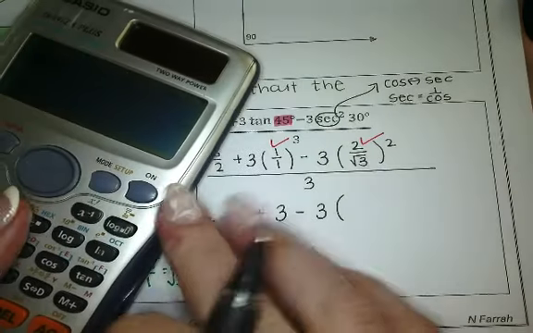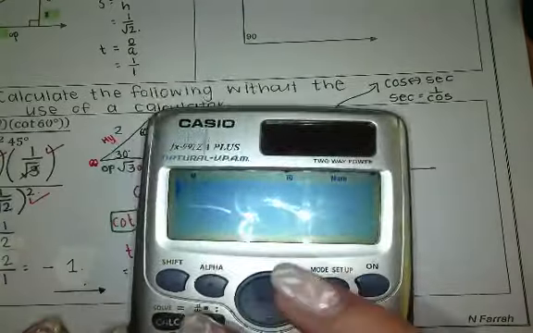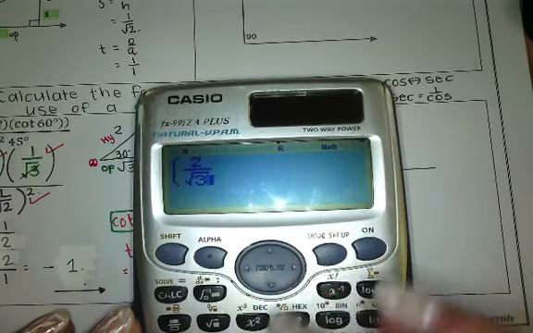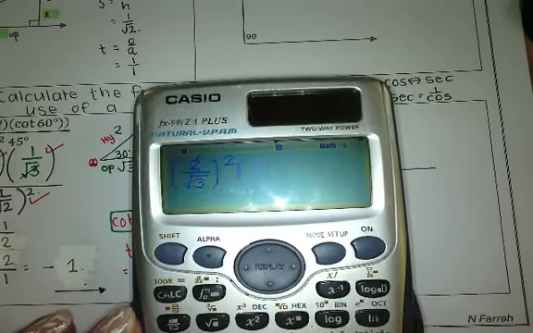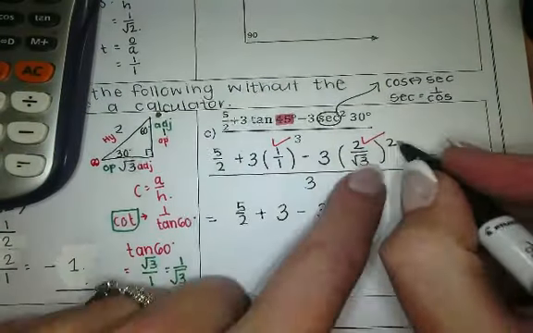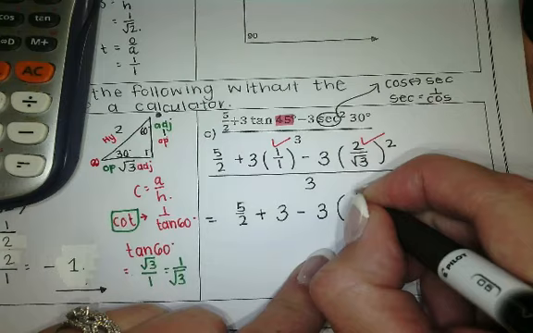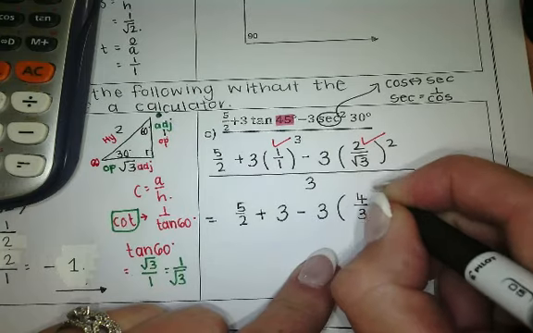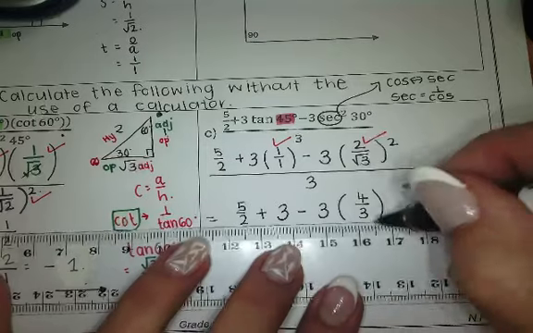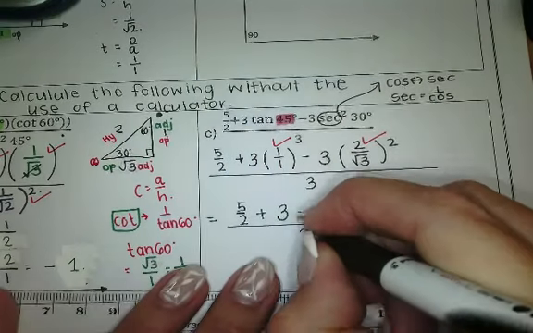You are more than welcome to put this into your calculator. 2 over root 3 squared gives me 4 over 3, so this bracket here gives me 4 over 3, all divided by 3.